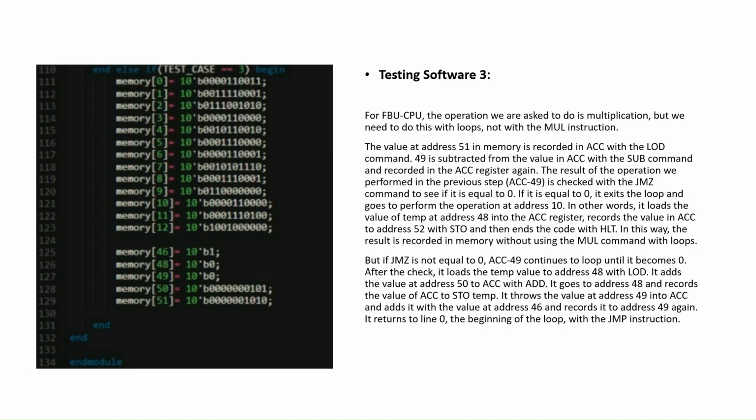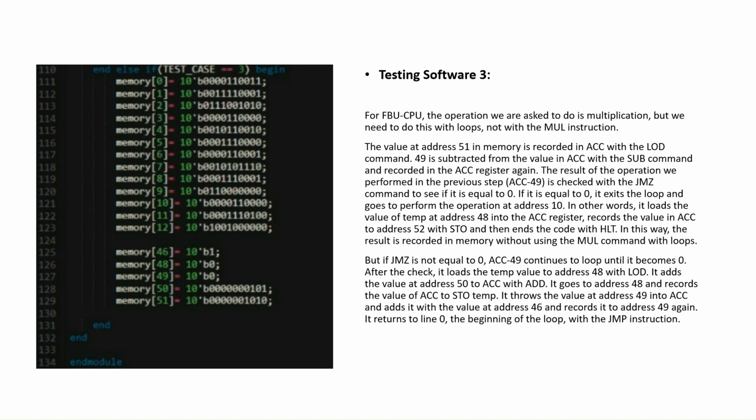Testing software 3. For Fbu Cpu, the operation we are asked to do is multiplication, but we need to do this with loops, not with the MUL instruction. The value at address 51 in memory is recorded in ACK with the load command. 49 is subtracted from the value in ACK with the sub command and recorded in the ACK register again. The result of the previous step is checked with the JMZ command to see if it's equal to 0.